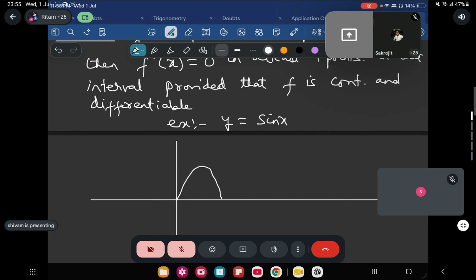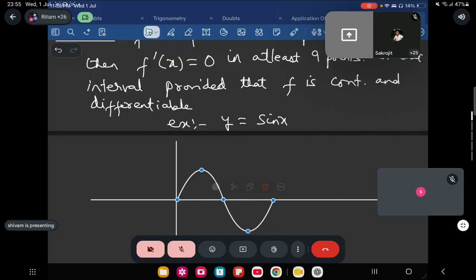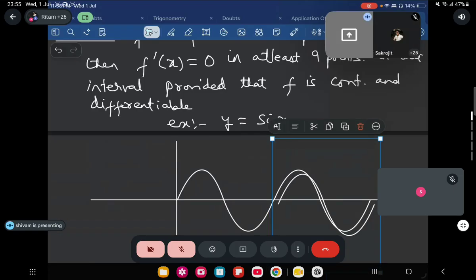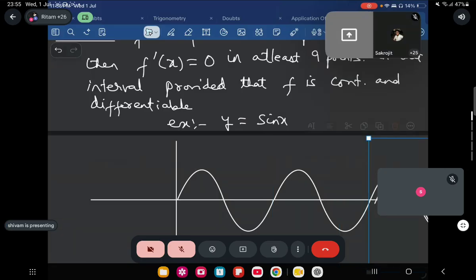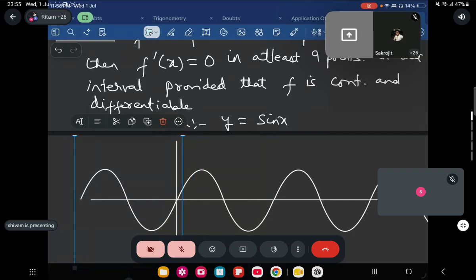Not only am I talking about 0, it can be anything else also, but let us talk about 0 only. f of x equal to sin x is equal to 0 at so many points.